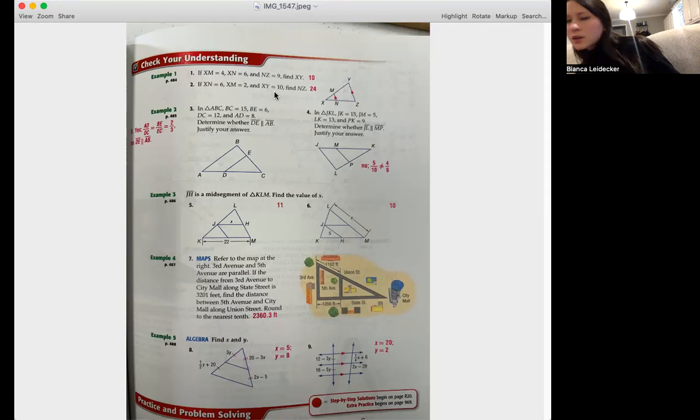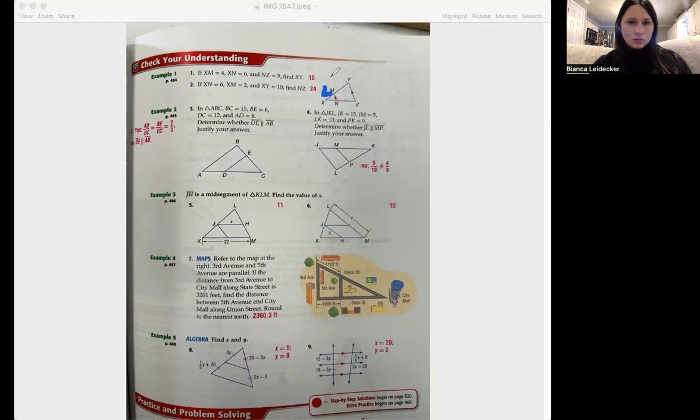Let's see. We've got a picture down here showing a triangle, and the information given to you from number 1 says XM is 4.